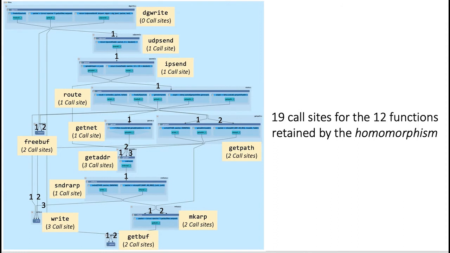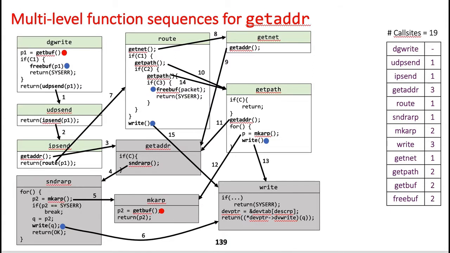So here is the actual graph from Atlas which shows us the different call sites. The 19 call sites are shown here.